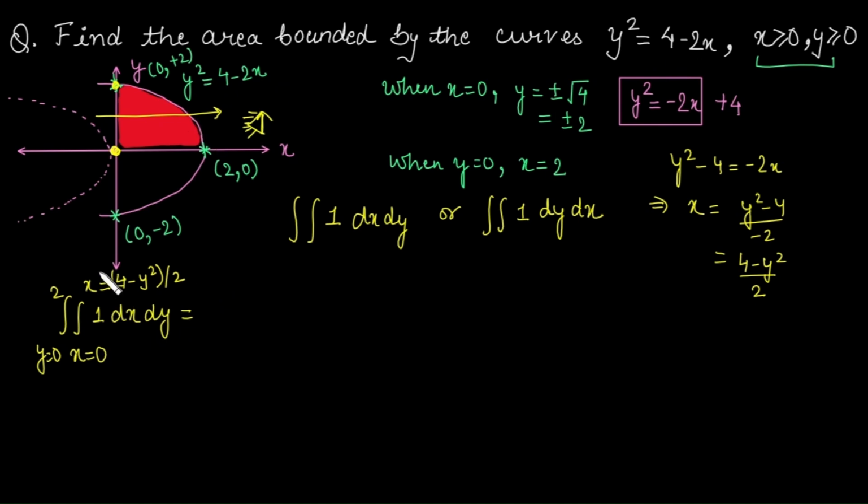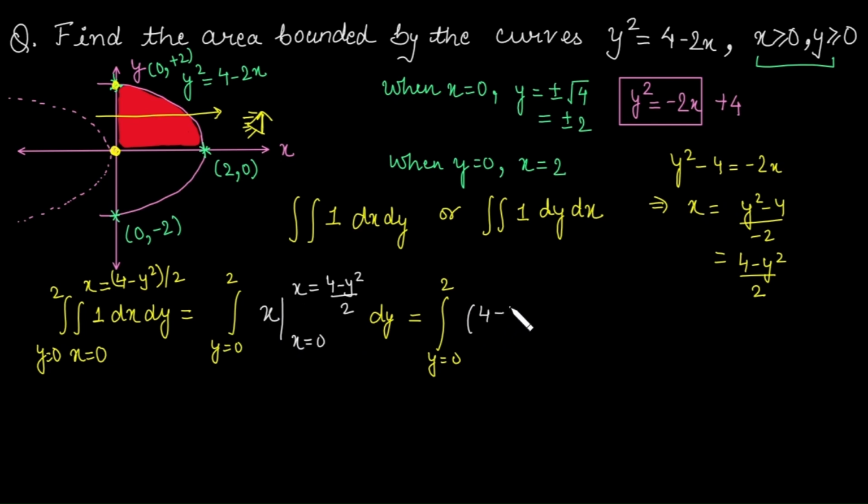Let's evaluate this. With respect to x first, what is the integration? That is x, limit of x is 0 to 4 minus y square by 2, and this integral y is as it is. In the next step, substitute the upper limit of x minus the lower limit of x. Upper limit is 4 minus y square by 2 minus lower limit 0, dy.